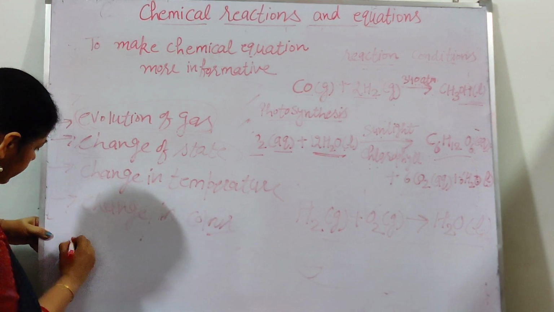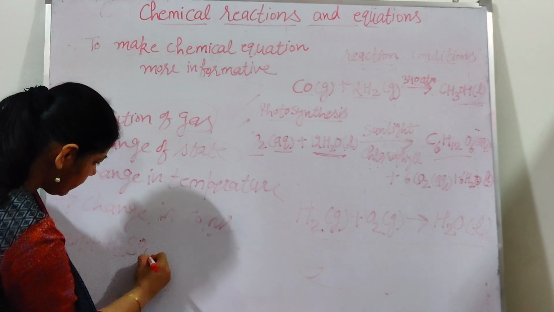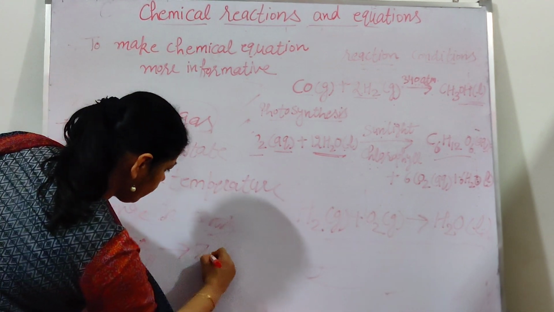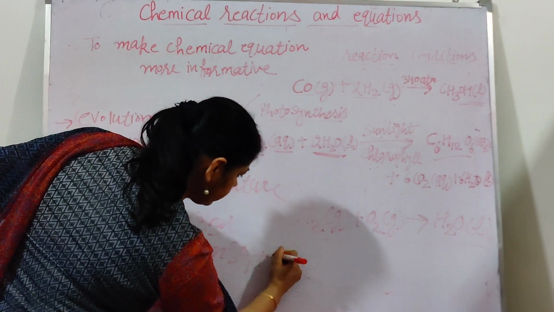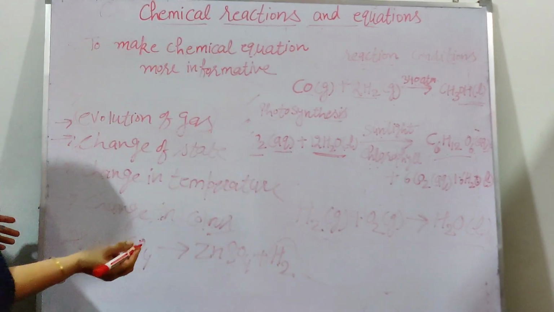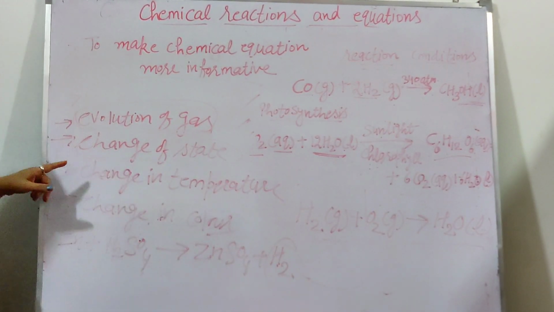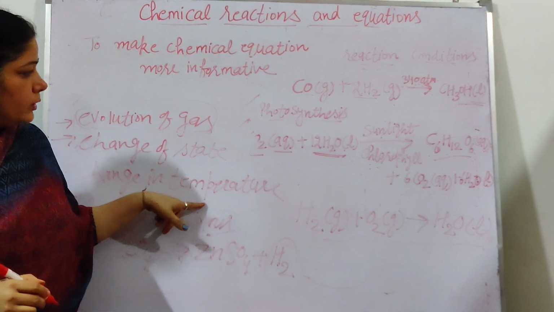One more example: when zinc reacts with sulfuric acid, ZnSO4 is formed and hydrogen gas is evolved. And sometimes there is a change in temperature, which I will discuss during exothermic and endothermic reactions.